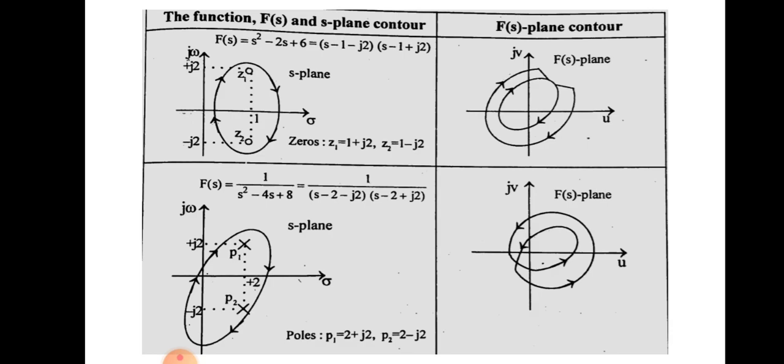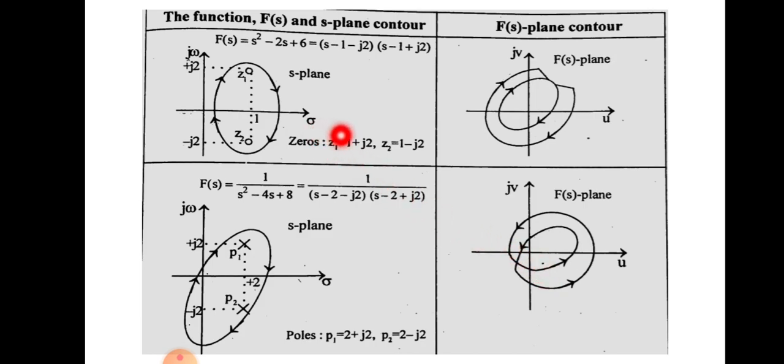Here there are two poles enclosed within this s plane contour, so the corresponding f of s plane contour encircles the origin 2 times, and that too in the anti-clockwise direction.